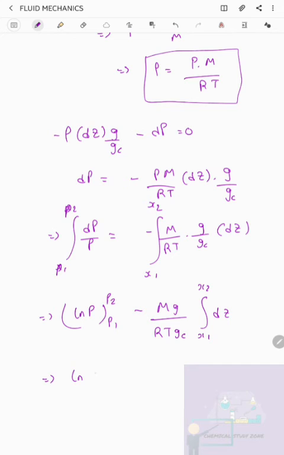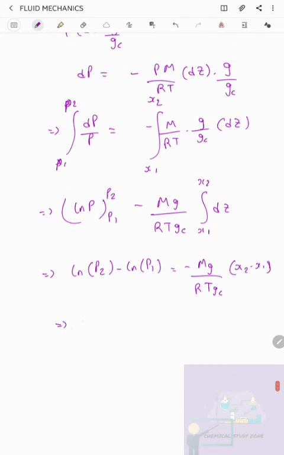This simplifies to ln of P2 minus ln of P1 equals minus mg by RT/gc into x2 minus x1. This implies ln of P2 by P1 equals minus mg by RT into gc into x2 minus x1.